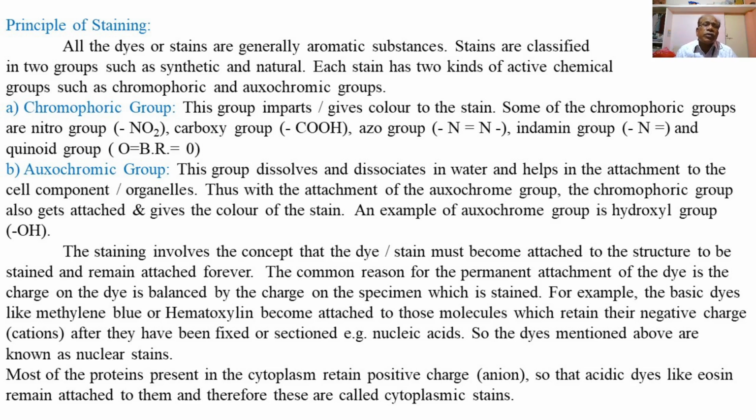The staining, or dyeing, or coloring of the biological preparations or the cellular components involves the concept that the dye or the stain must become attached to the structure to be stained and remain attached forever.